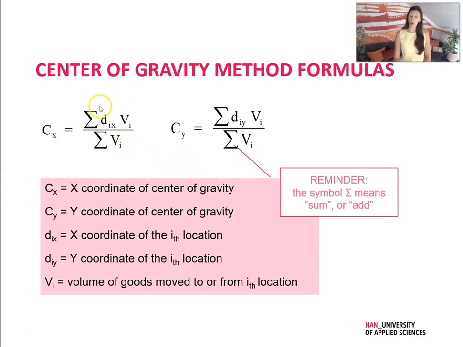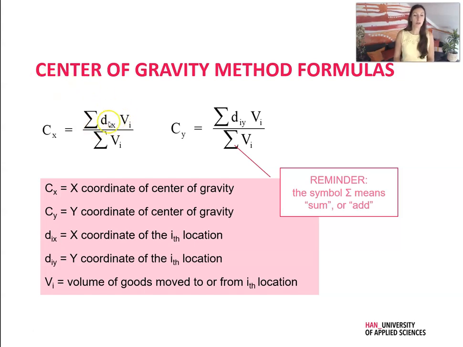Here is the formula that we will be using, and it looks a little bit daunting, but trust me, it's quite straightforward. I remind you that this symbol means sum, or adding, right? So we're going to compute the x coordinate and the y coordinate of our ideal location for a distribution center, and we will use the x coordinate and the volume of each of the facilities that we want to consider, for example, the location of our suppliers or customers or our factory.